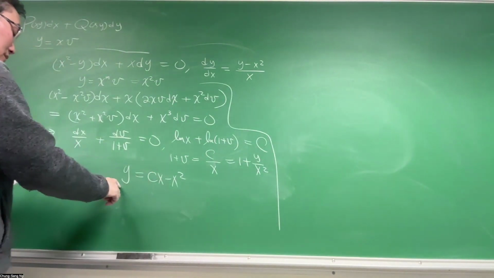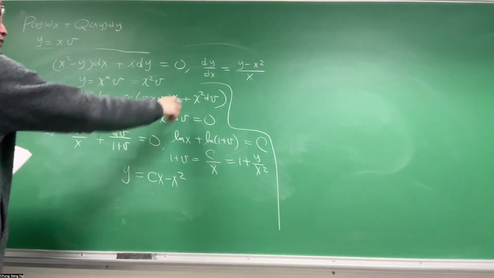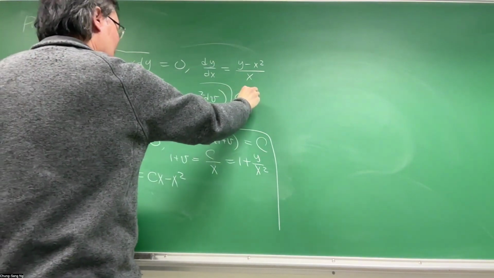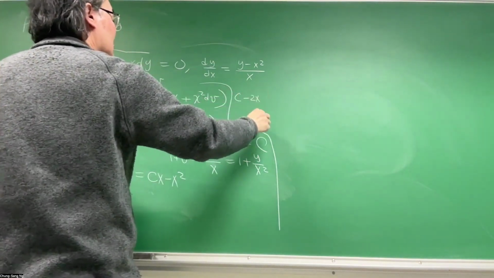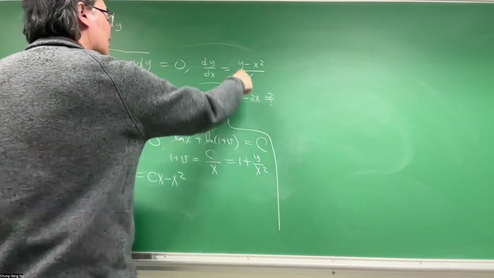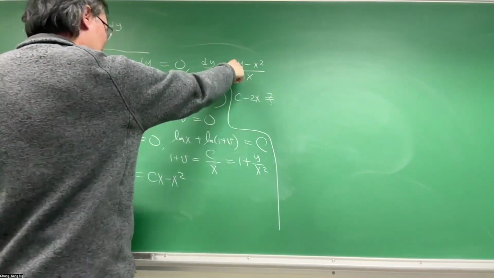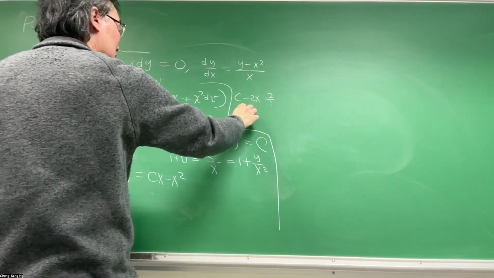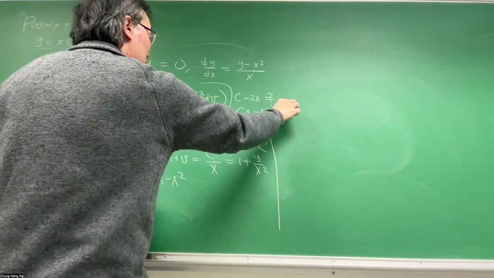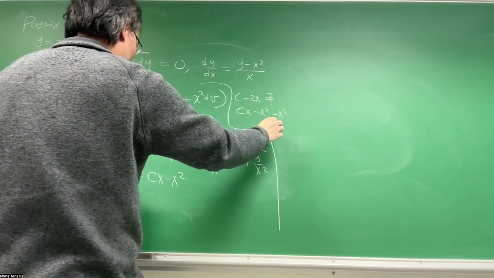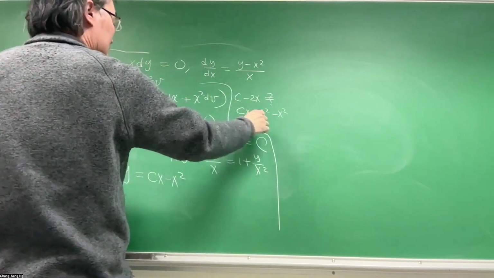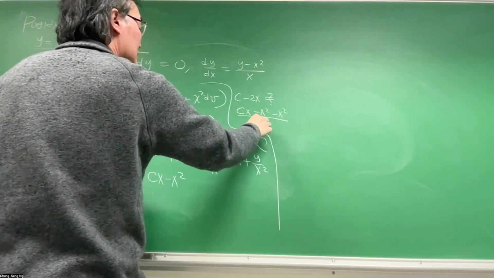Now you check that for your solution, dy dx, the left-hand side is c minus 2x. And the right-hand side is, y is cx minus x squared, and then minus another x squared, divided by x.